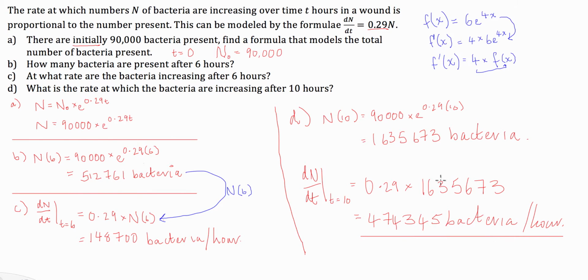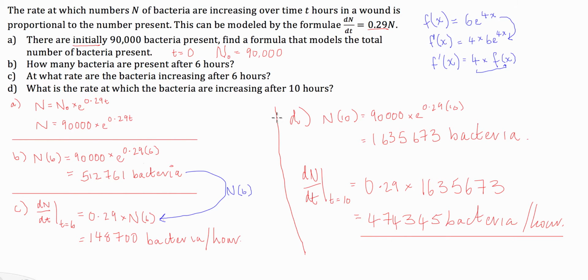So you can see that it's not a very complicated question. It's just understanding this relationship between an exponential function's derivative and the exponential function that the derivative is taken from.